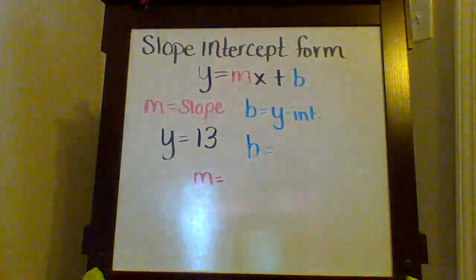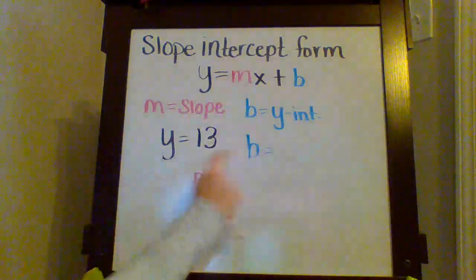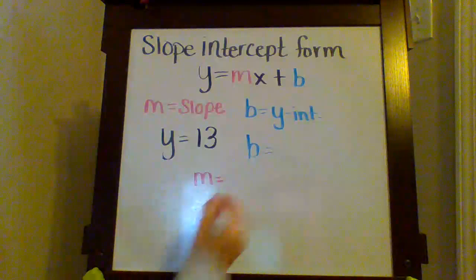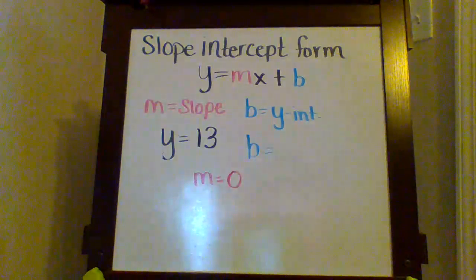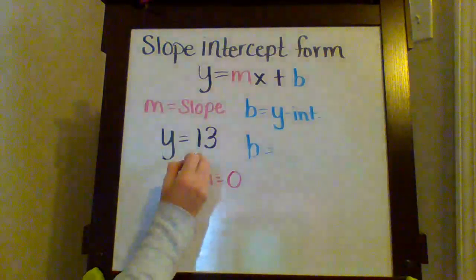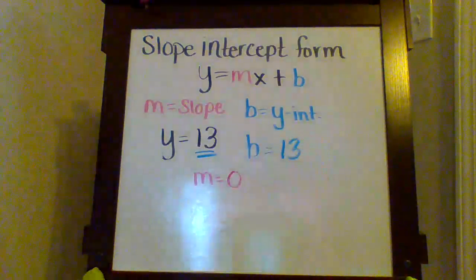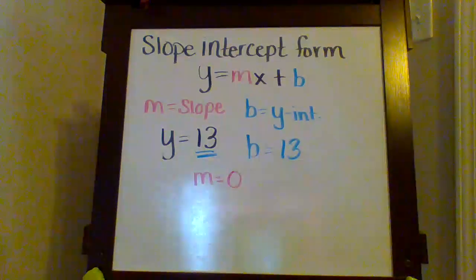So if I'm looking at this, I know, again, my slope is my coefficient of x. I don't have an x anywhere here, which means I don't have a slope. My slope would be considered 0. My slope is 0 or no slope. My y-intercept is 13. So it would cross the y-axis up at the top of the graph between quadrant 1 and 2 at positive 13.